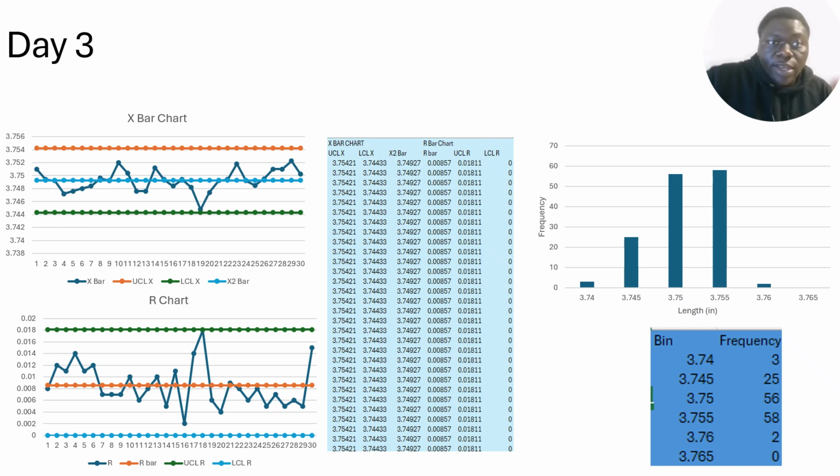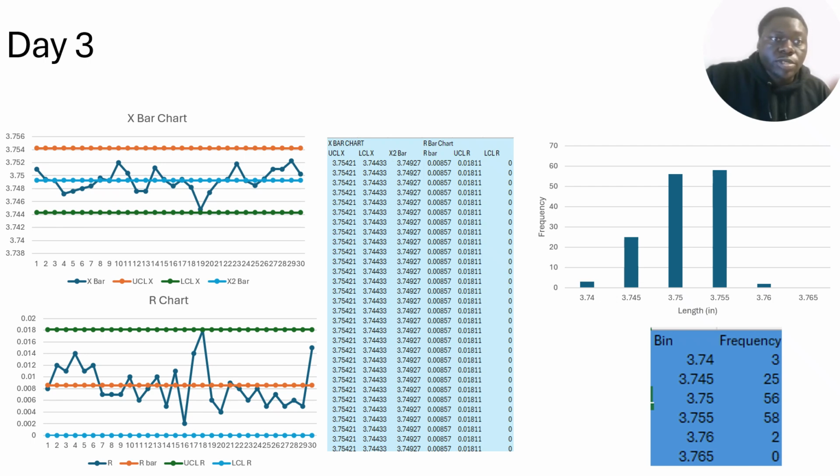I then used that to find the LCLX and the UCLX, and filled those out. I then used that to find the R bar, which helped me find the UCLR and the LCLR, which then allowed me to make the R bar chart and the X bar chart.